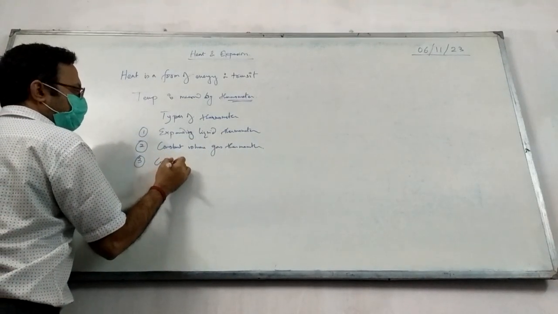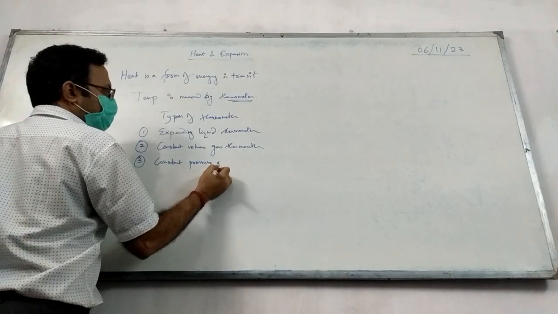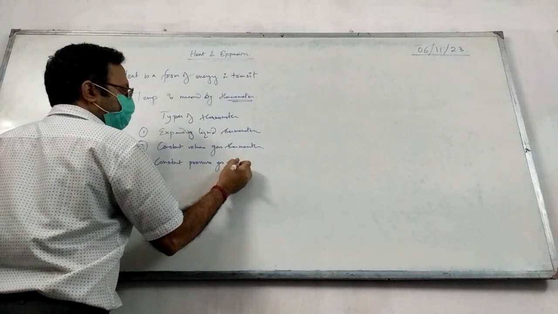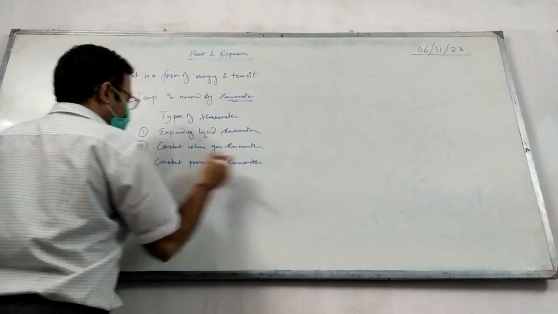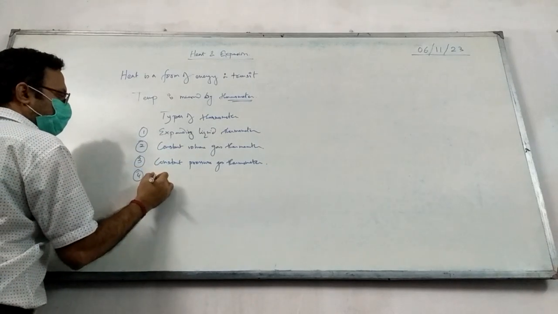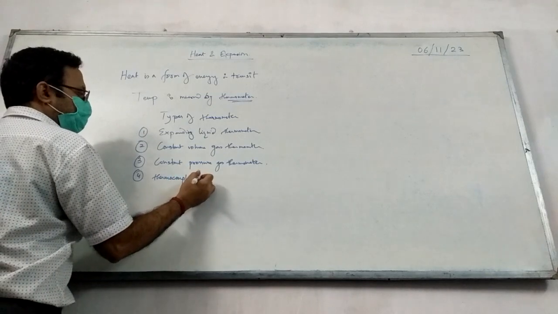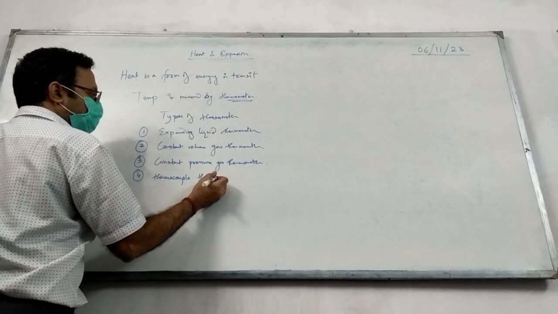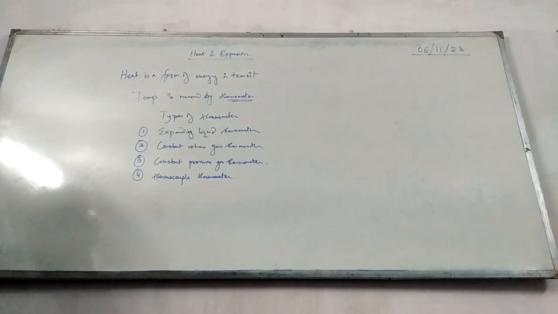Constant pressure gas thermometer. Thermocouple thermometer. Okay. So these are the main types of thermometer we use.